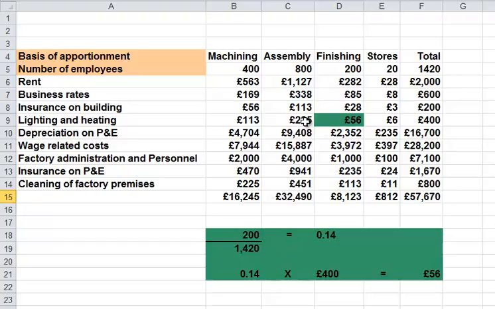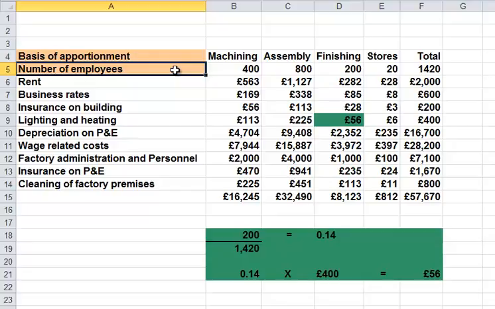The assembly should pay 225, the machining 113, stores should pay 6, total 400. But here, the basis for the apportionment is the number of employees. Previously we took area. It depends on what the management consider to be most appropriate as the basis for apportionment.